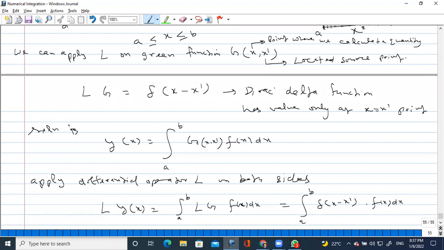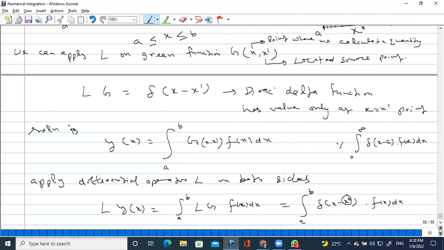Now if you read the property of the Dirac delta function, if this point is in between these limits, the answer will be f(a). You can think of it like this: the Dirac delta function of x minus a into f(x) dx, and this a is in between the limits.